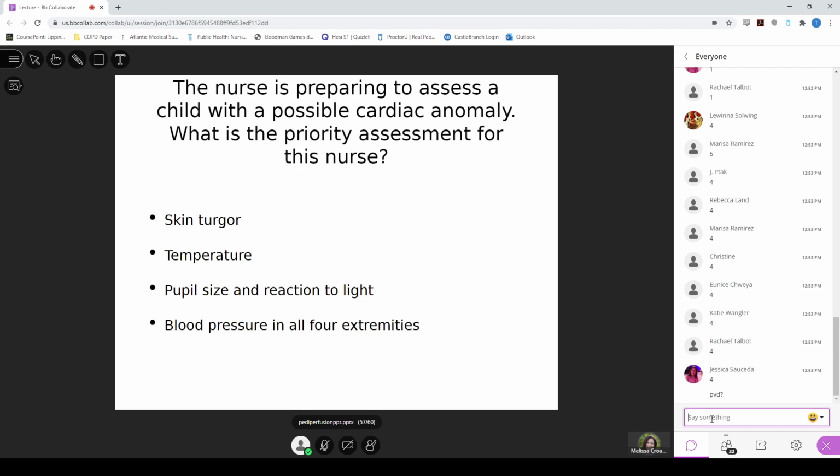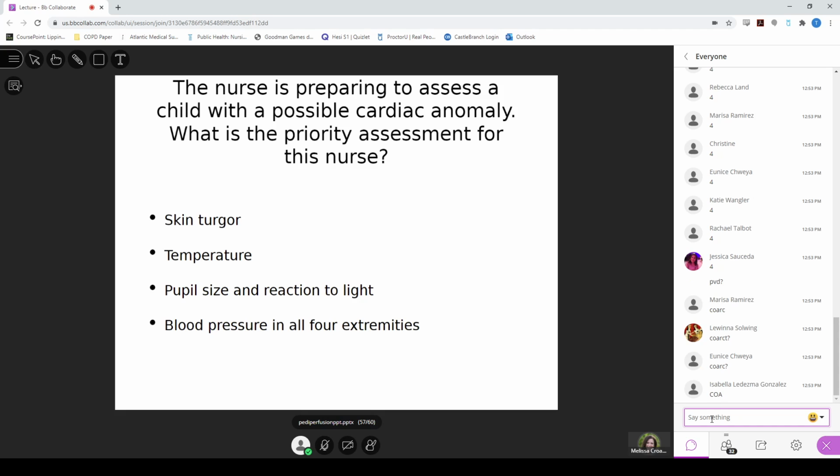COARC. COARC is the one where your upper extremity pulses are going to be normal, if not bounding, and your lower extremity pulses are going to be extremely thready and definitely weaker. Okay, so it's a COARC. But yes, blood pressure in all 4 extremities.